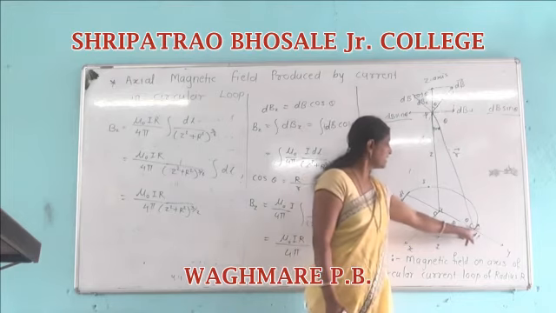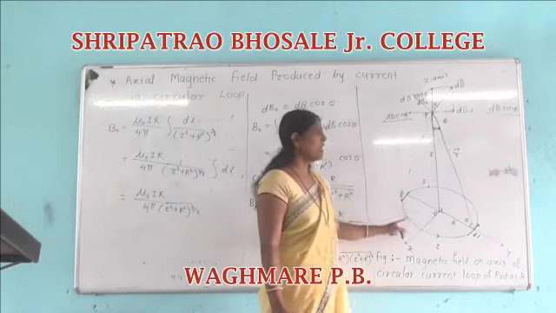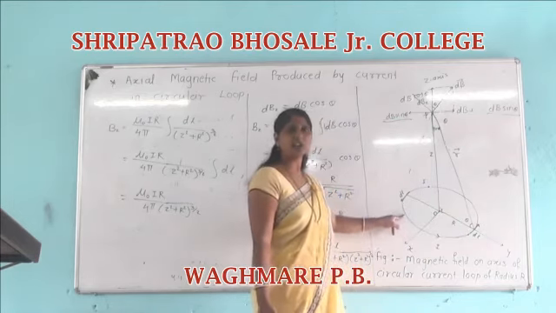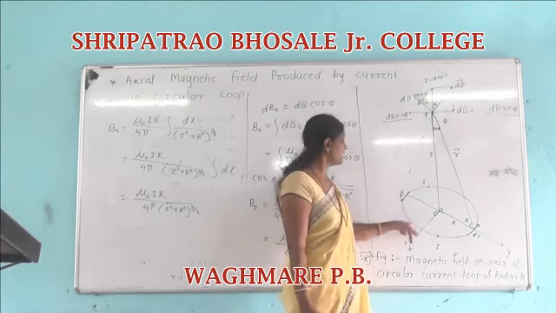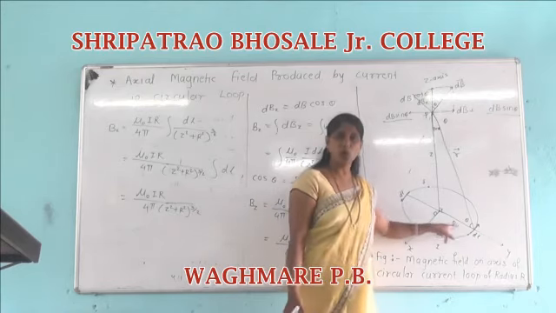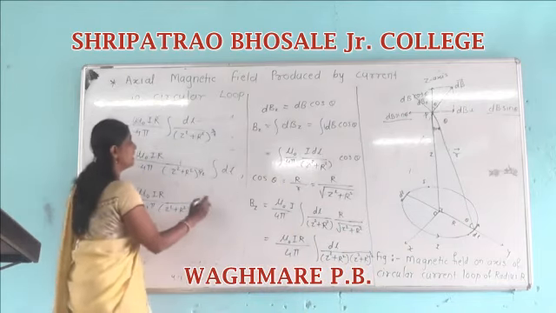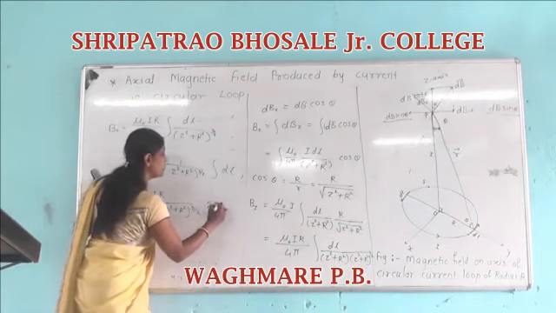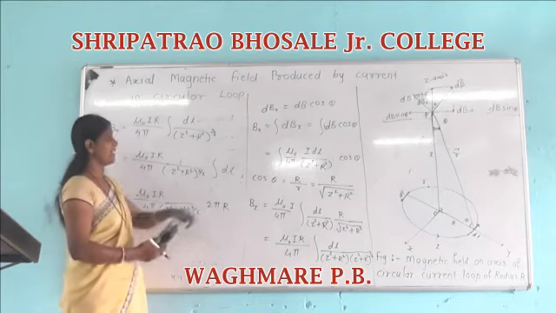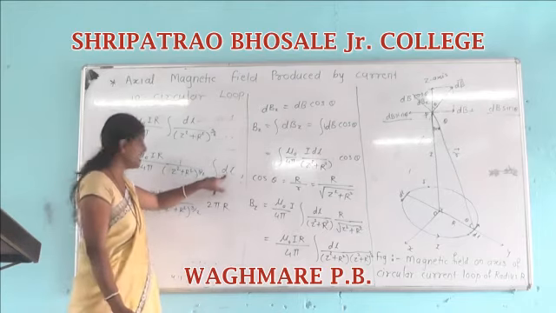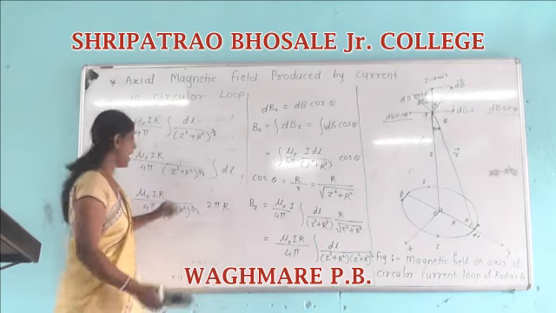The sum of all small elements of the circular coil is equal to the length of this circular coil. We know the length of the circular coil is equal to 2 pi R. Therefore, the integration of dl is equal to 2 pi R.